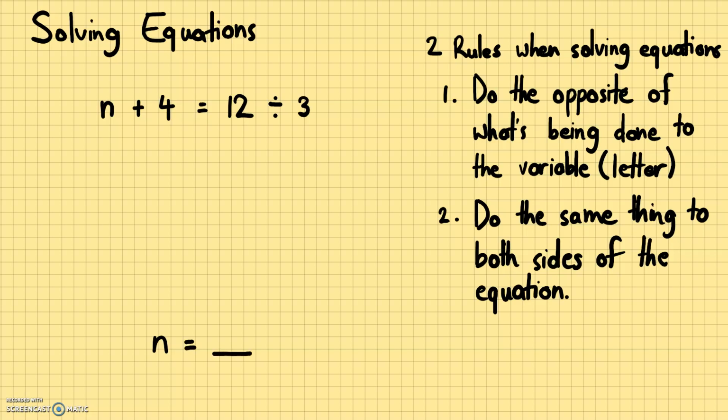N equals what? And we need a couple of steps to get there. We can't really do anything to n plus 4 here, but we can simplify 12 divided by 3. So n plus 4 equals 12 divided by 3, which is 4. So n plus 4 equals 4.